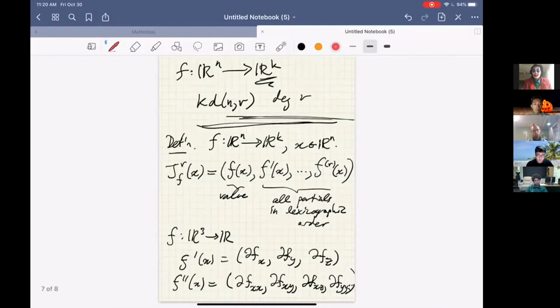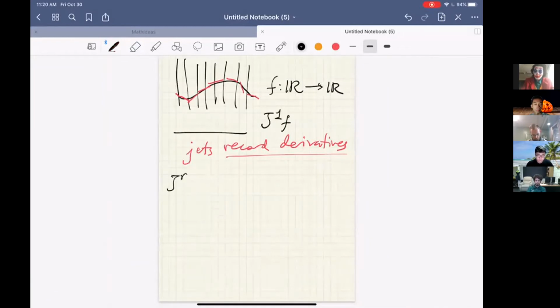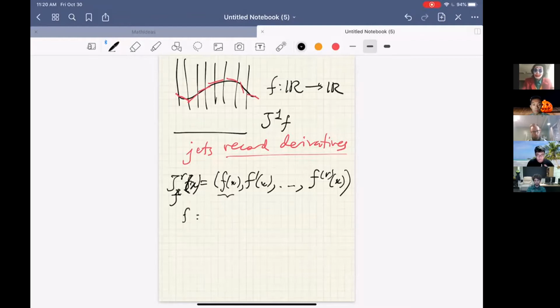Now if I go back here, J^r of f, so this is the value, f of x, f prime. There's a reason I want to count derivatives with you guys. I hate counting. So f is again a map from R^n to R^k.